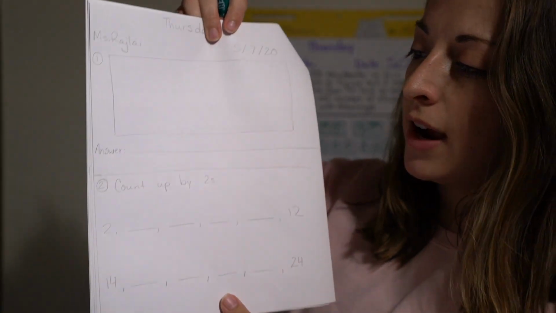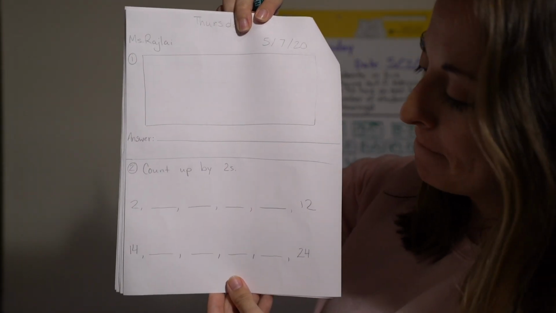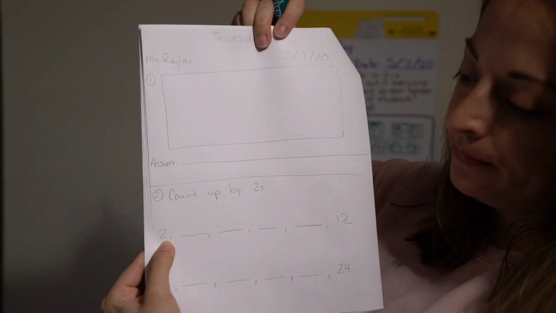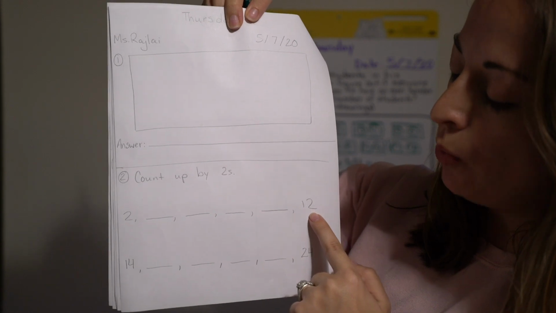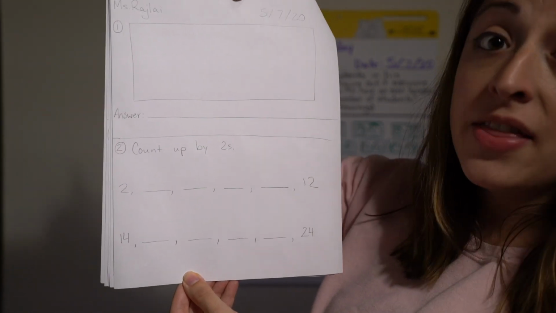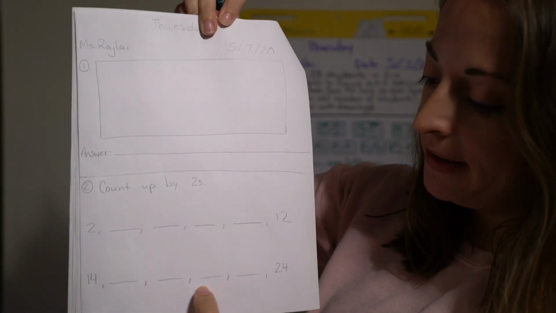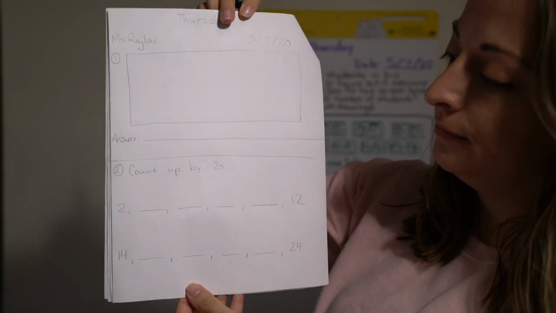For the directions, you're writing count up by twos. And then below that, you're putting a 2, 4 blank lines, and then 12. And then below that, you're writing 14 with 4 blank lines, and then the number 24.